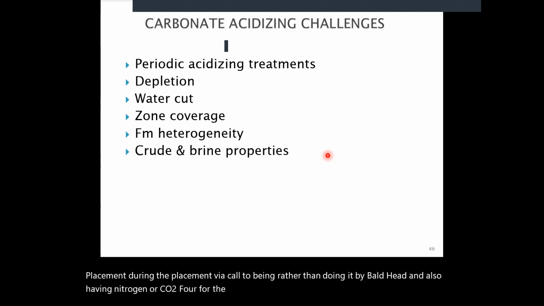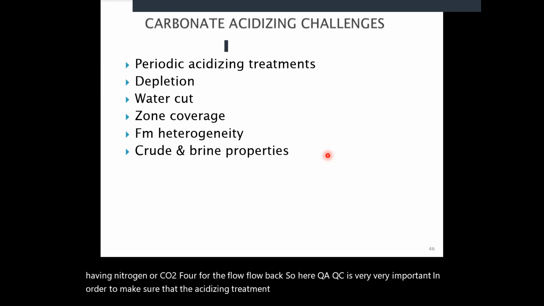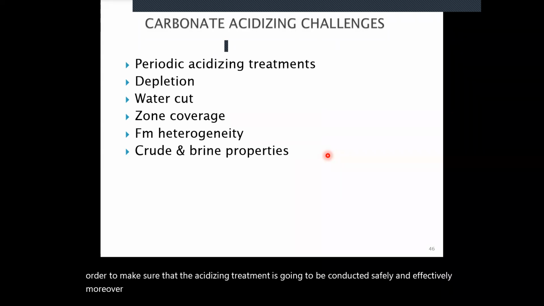Here, QA/QC is very important in order to make sure that the acidizing treatment is conducted safely and effectively. Moreover, laboratory work such as core flow testing and other tests will be very important to clarify the post-treatment aspects.